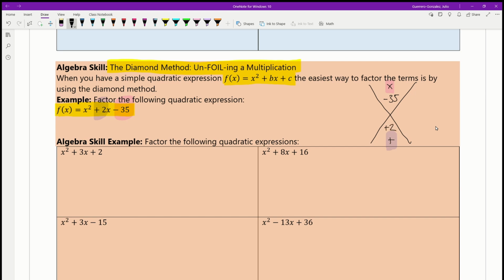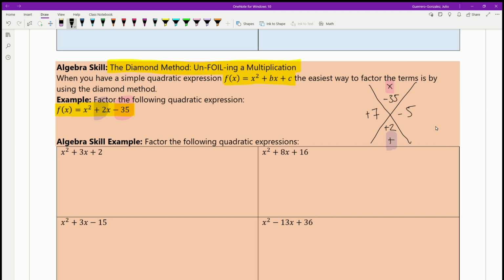I need two numbers. I want you to think about this. I need two numbers that multiply to negative 35 and add to positive 2. Those two numbers are plus 7 and minus 5.